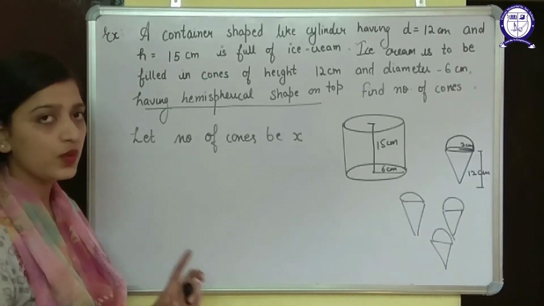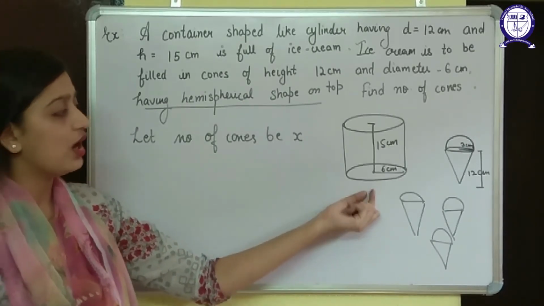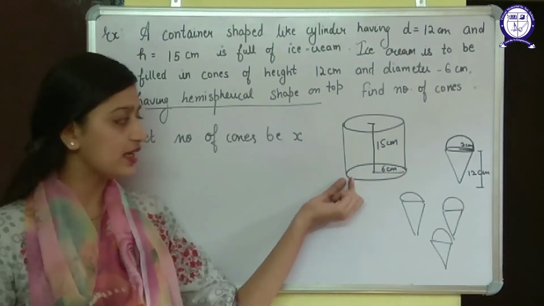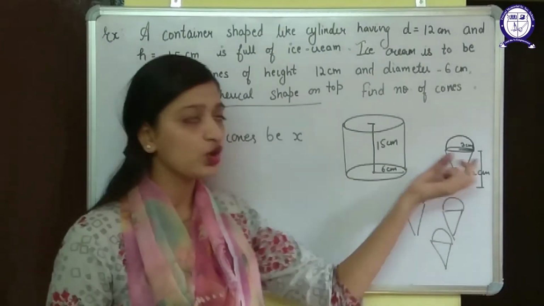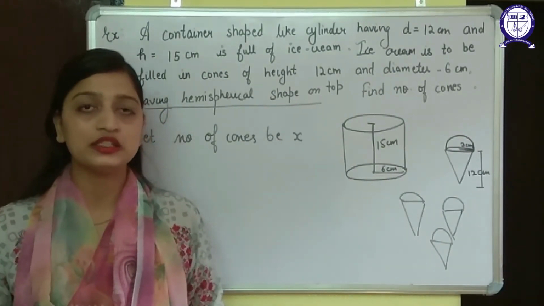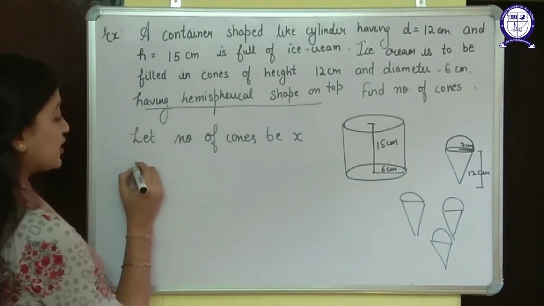Now what will be equal? The volume of this cylinder will be equal to the volume of all these cones, right? This is filled in these small cones, so their volume will be equal. And how many cones are there? There are x cones. So what will be the equation?